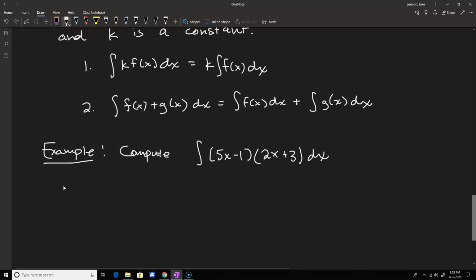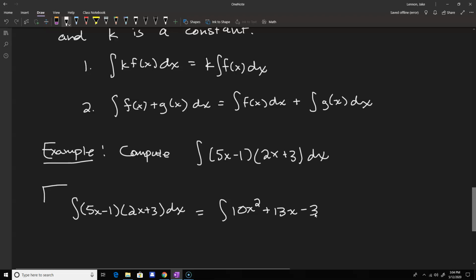So basically, we can start by saying that this integral of 5x minus 1 times 2x plus 3 is the same as the integral of 10x squared plus 15x minus 2x, so plus 13x minus 3 dx. And then we just go term by term.